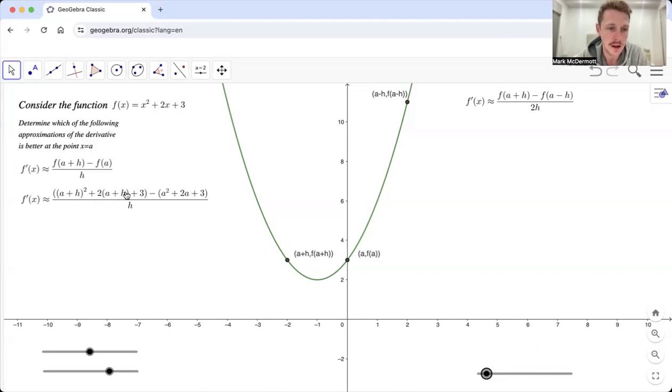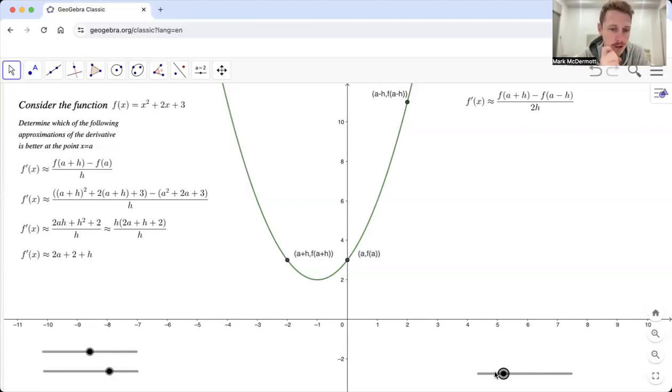You just have to expand and collect like terms, and what you'll get is hopefully this: 2ah plus h squared plus 2 all over h. Take h out as a factor of the numerator, you get h times 2a plus h plus 2. Cancel the h's down, and you're left with f dash of x being 2a plus 2 plus h.